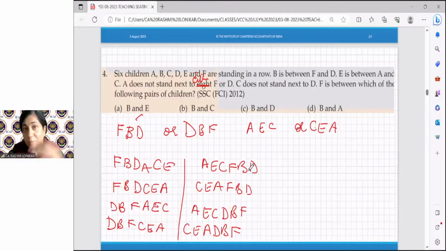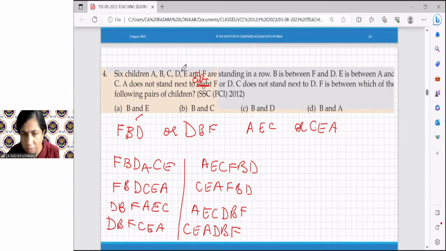You remember a permutation combination sum? Similarly, you've just got 2 groups. So how can I have them in the row? I can have FBD pairing with ACE, FBD pairing with CEA, then DBF pairing with ACE and CEA. So all these combinations I have written.